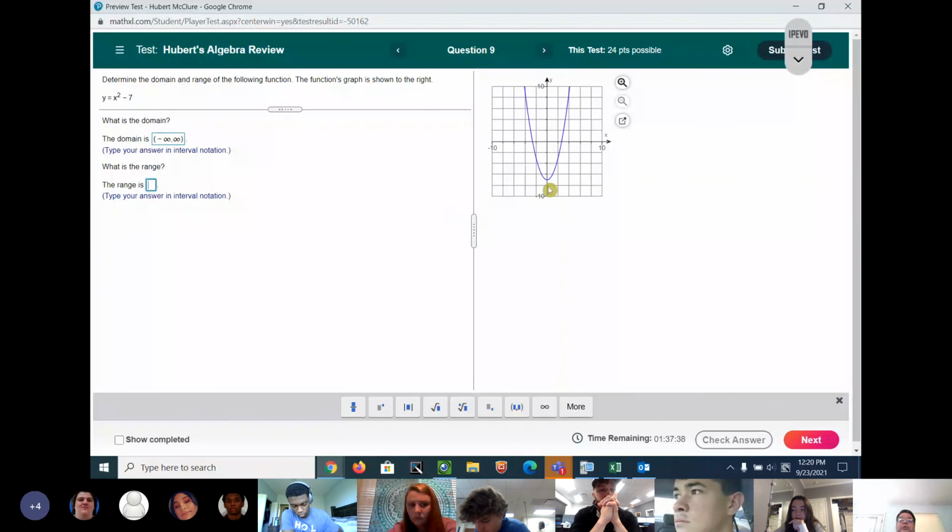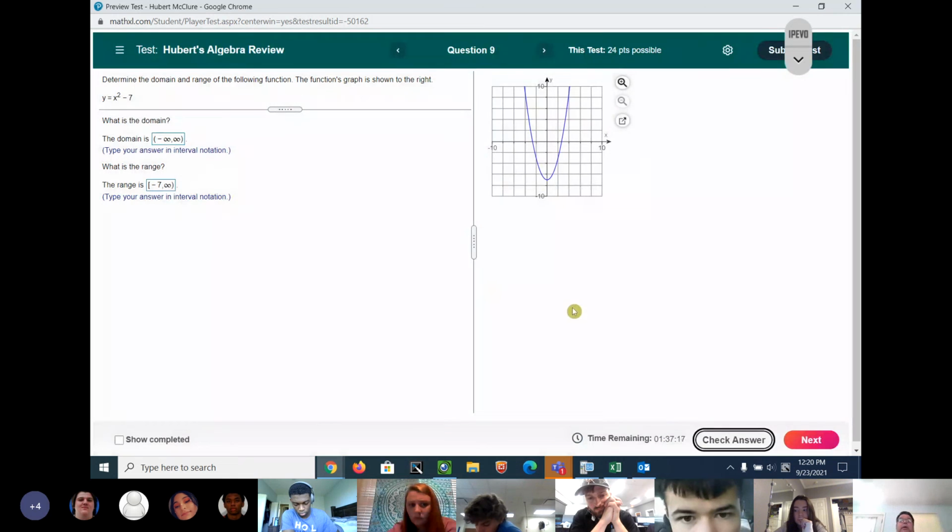Range, that looks like a what? That's 9. That's 7. From negative 7 to infinity. That should be the answer. Next.